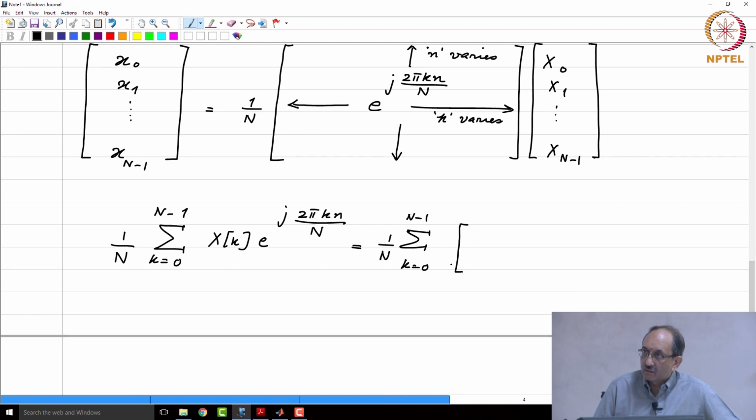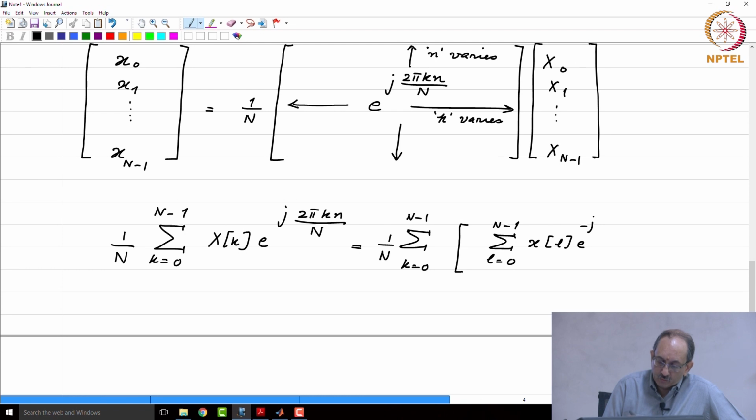Remember, we have to bring in little x into the equation because we are trying to show that this indeed gives you the original sequence that you started off with, and therefore, you can replace capital X of k by its definition, and hence this is l going from 0 to N minus 1, x of l e to the minus j 2 pi k l by capital N. You want to use the dummy index l here because n is already part of this.